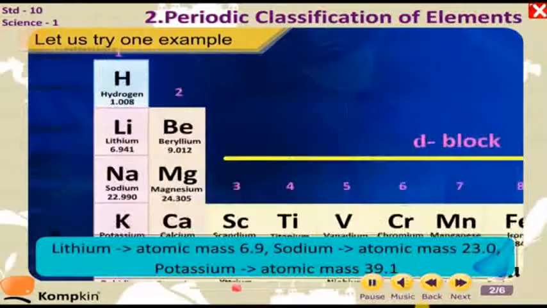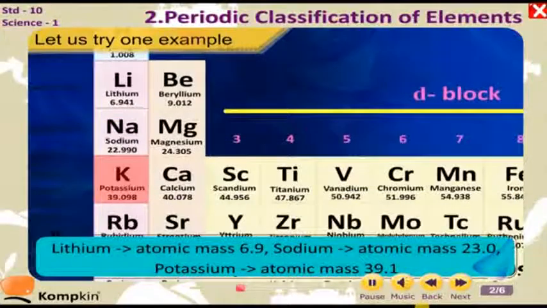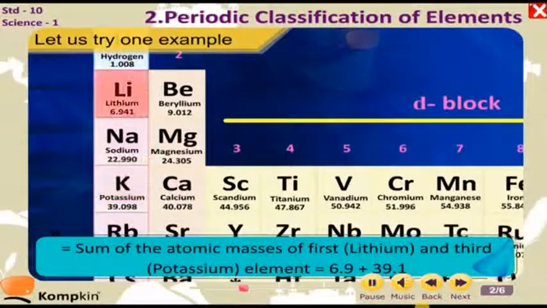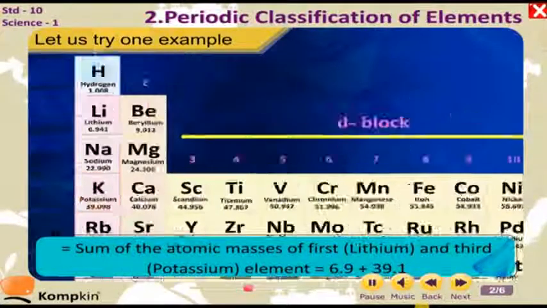Lithium, atomic mass 6.9. Sodium, atomic mass 23.0. Potassium, atomic mass 39.1. The sum of the atomic masses of the first element, lithium, and the third element, potassium, is 6.9 plus 39.1.